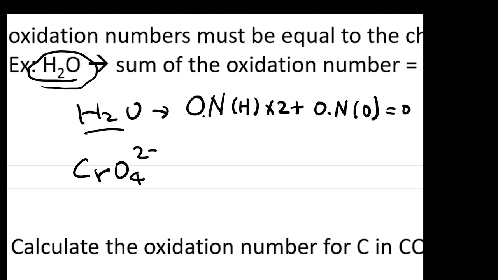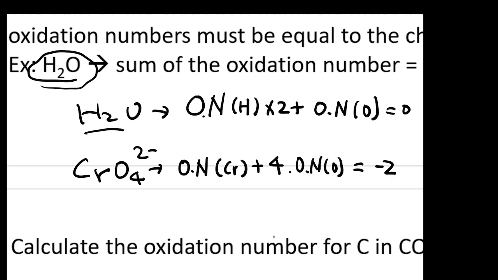But if it is like the one below, it carries -2, right? Then the oxidation number of your chromium plus 4 times the oxidation number of your O needs to equal the charge it carries.